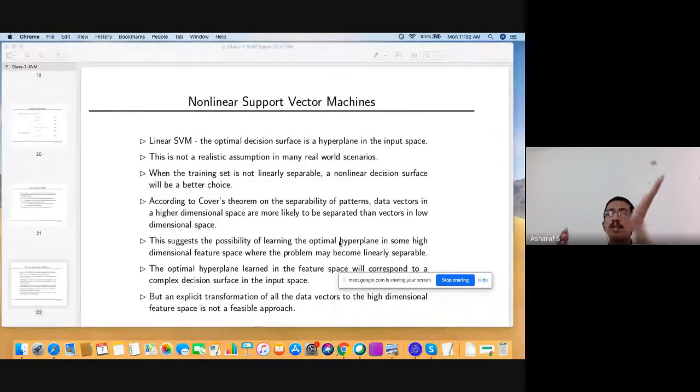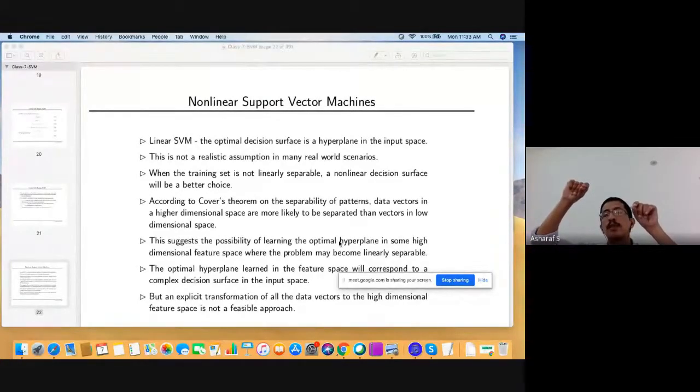You can mark the boundaries of those classes by the canonical hyperplanes W transpose x plus b equals 1 and W transpose x plus b equals -1. That's the way you rotate W and change b, so that for all the candidate hyperplanes you get corresponding canonical hyperplanes, and among all the candidate hyperplanes, W transpose x plus b equal to 0, you find that hyperplane where 2 by norm W, which is the margin between the canonical hyperplanes, is maximized.